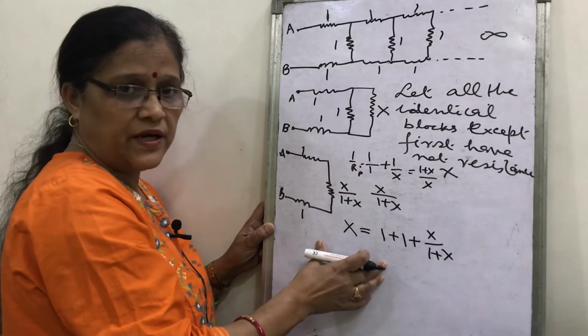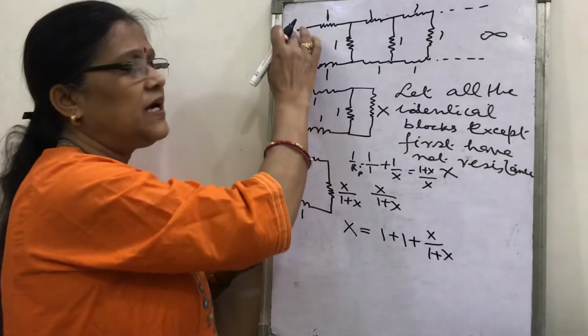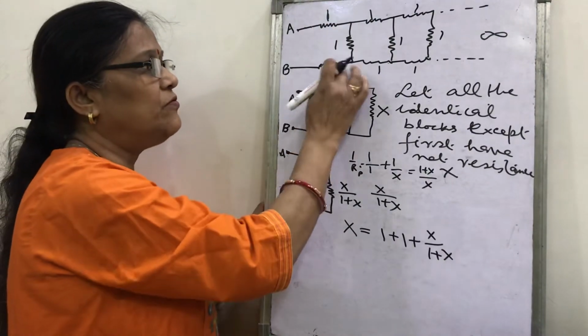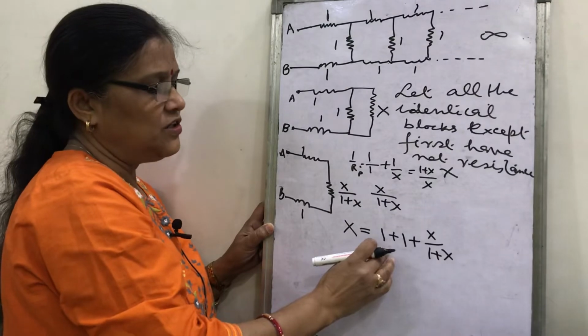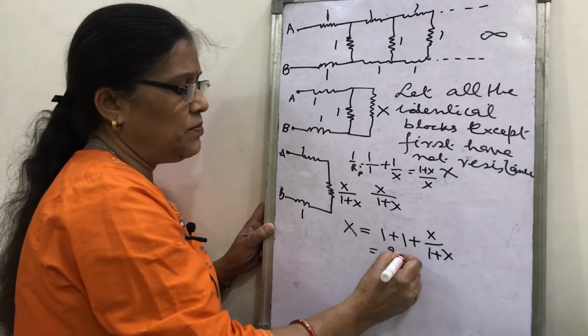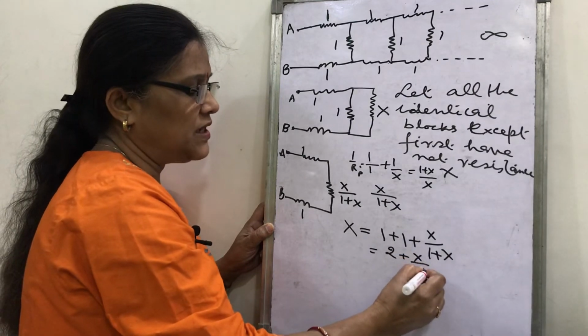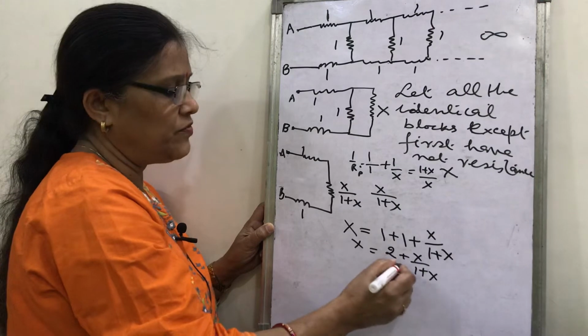What is the concept behind it? The total net resistance is X, as well as, except one block, all the identical blocks have their net resistance X. So in this way, it is now easy to solve: 2 plus X upon 1 plus X equals X. A quadratic equation will be formed here.